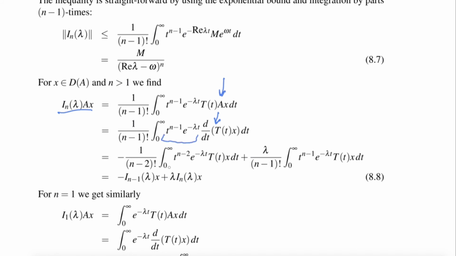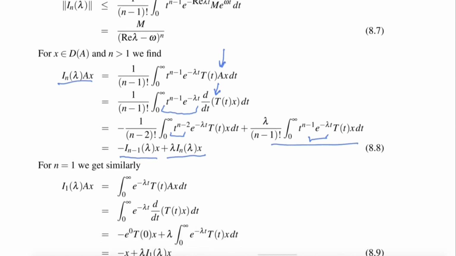I get 2 terms, once where I differentiate the T, and one where I differentiate the exponential. But now it turns out the first term of those two is this shifted I, so it is I_(n minus 1), whereas the last one is the original I_n with a factor of lambda. So, which means we get a recursive relation between the I_n's if I apply it to Ax.